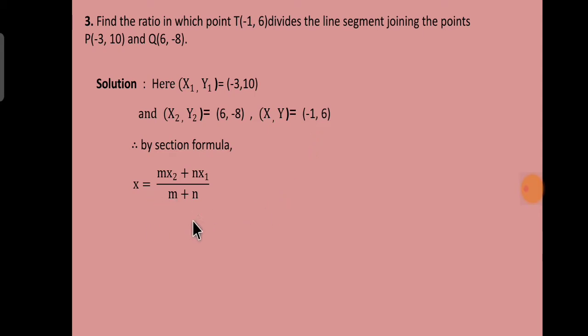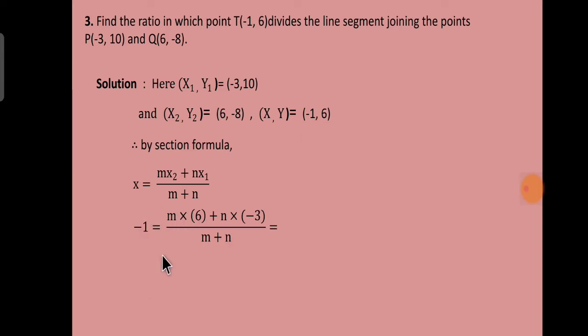Substituting these values in this equation or formula. या ठिकाणी आपल्याला किमती ठेवायच्या आहेत. x is equal to -1 is equal to (m into 6 plus n into -3) upon (m plus n). Here the value of x2 is 6, and the value of x1 is -3, and we have also given the value of x, -1.